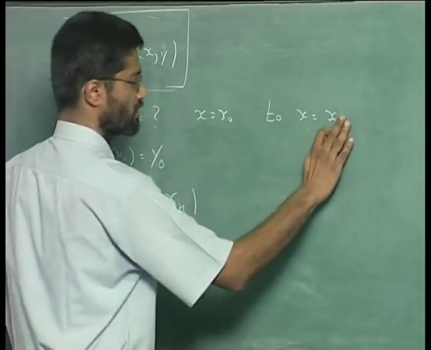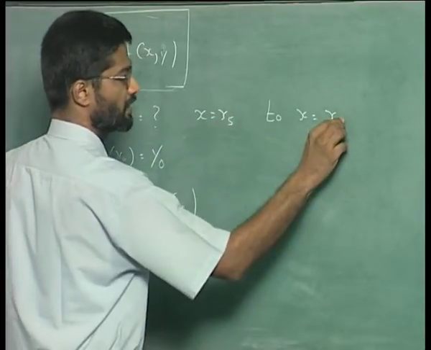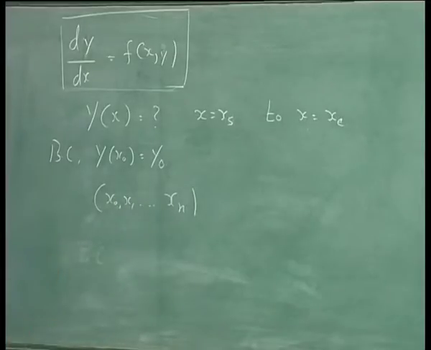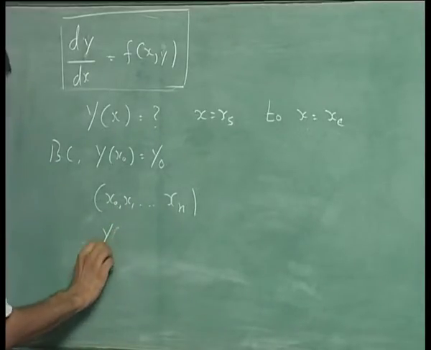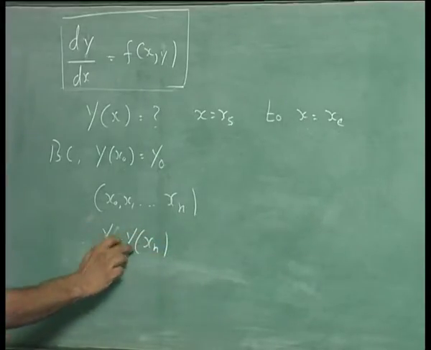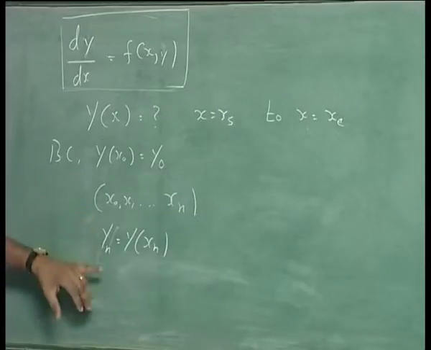Let's say x goes from x start to x end. That has been split into n different values, and what we call yn is y of xn. So y evaluated at xn is yn. That's what we want to solve, and what we know is y0, which is y at x0. That's what we start with.